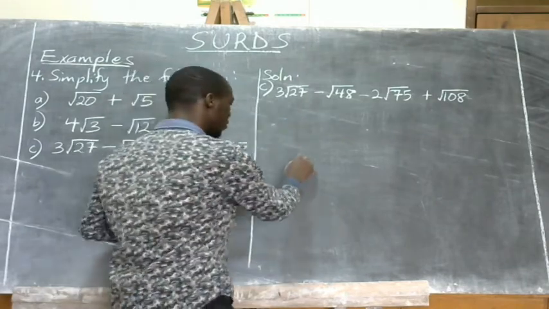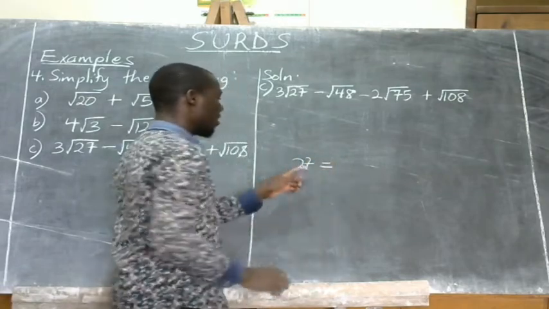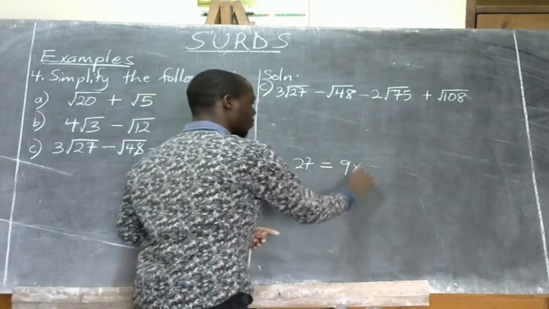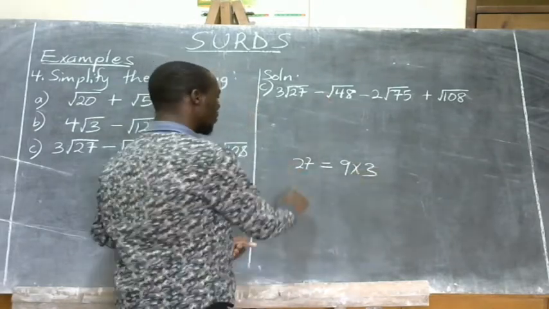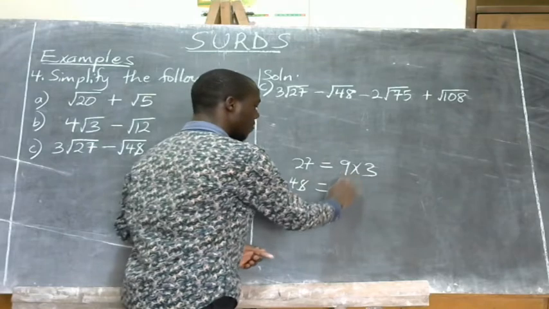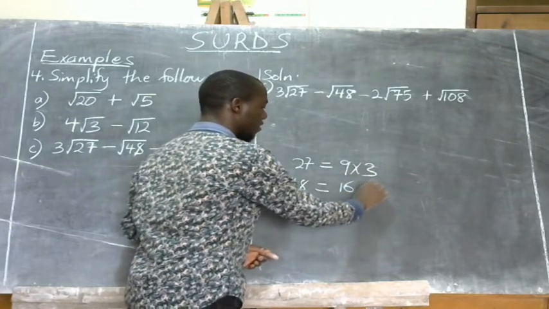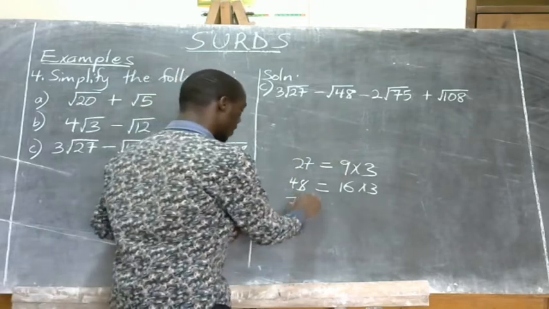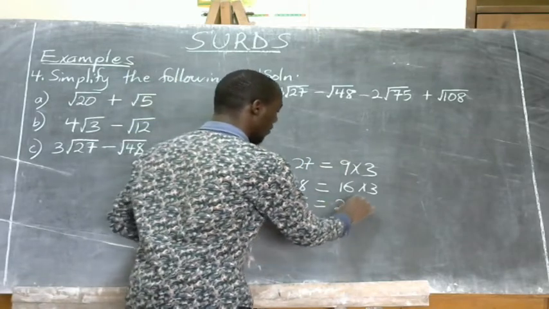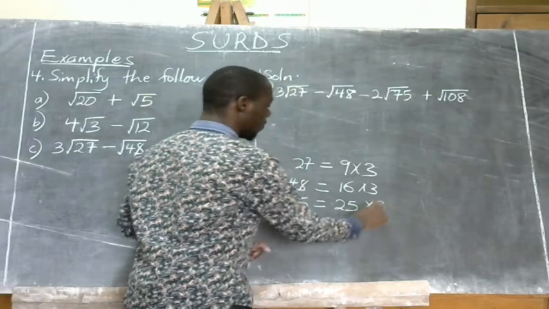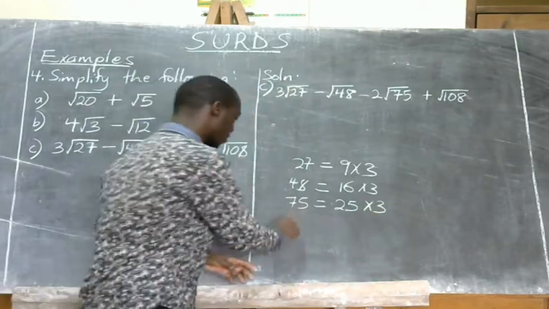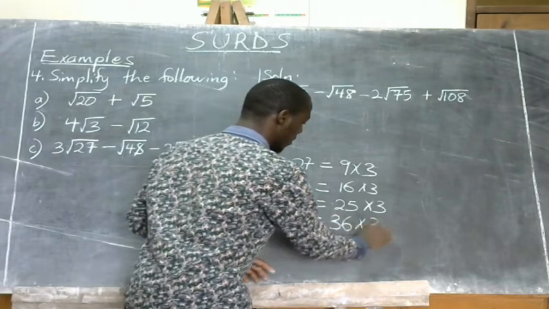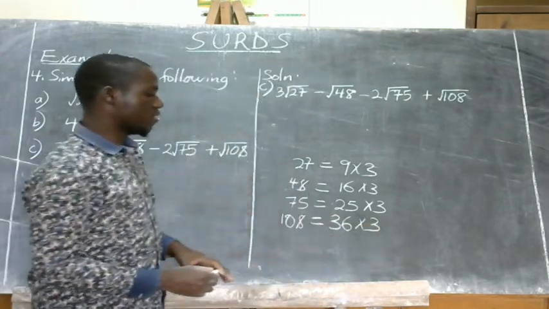So when you look at 27, the square number which is embedded there is a 9, and 9 goes with a 3. When you look at 48, square number there is 16, and 16 goes with 3. When you look at 75, the square number there is 25, and 25 goes with 3. When you look at 108, the square number there is 36, and 36 goes with 3.